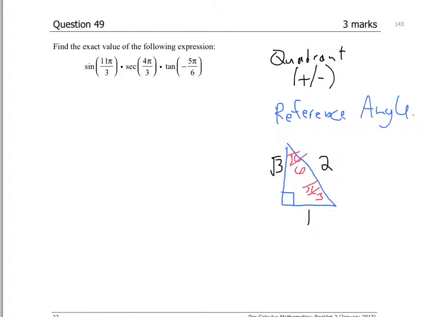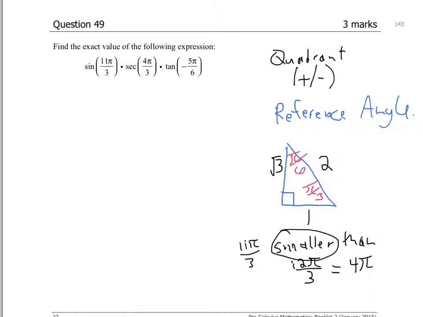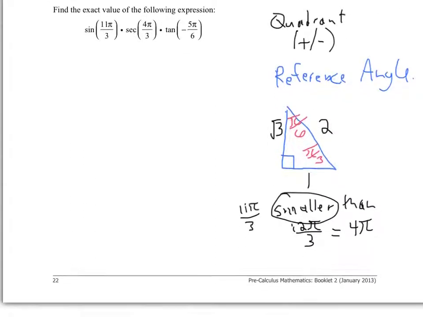You could convert that to degrees, but that takes a little bit of time. 11 pi over 3 is a little bit smaller than 12 pi over 3, and 12 pi over 3 is 4 pi.